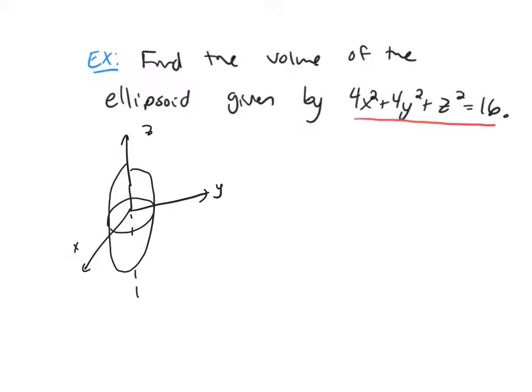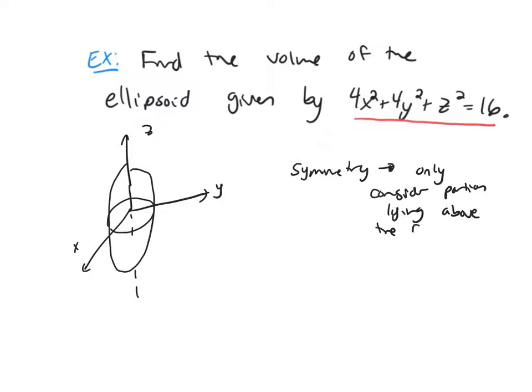And so here, because all of my variables x, y, and z are being squared, it probably doesn't matter the order that we integrate in. And really we're going to use symmetry here. And we're going to only consider the portion lying above the first, what do we call, octant.